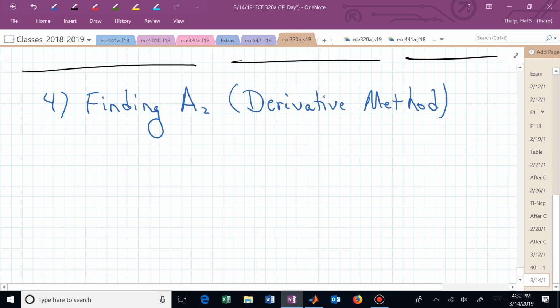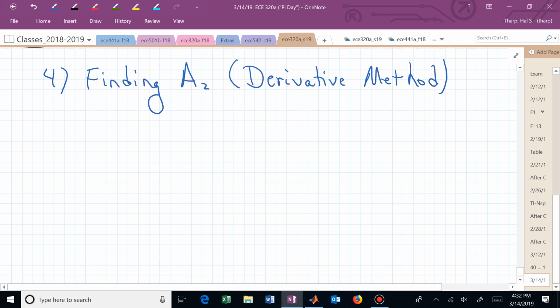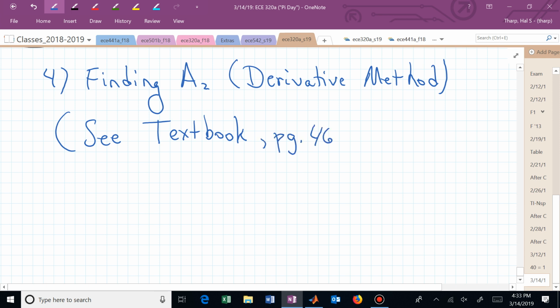Well, now I'm in my office by myself. I'm going to do the derivative method. If you want to read this as far as the explanation in words, you can refer to page 466 in the textbook. And this is actually what they call method B.